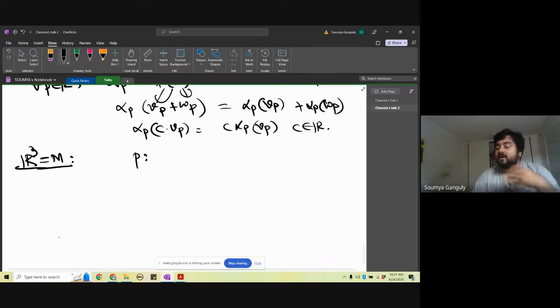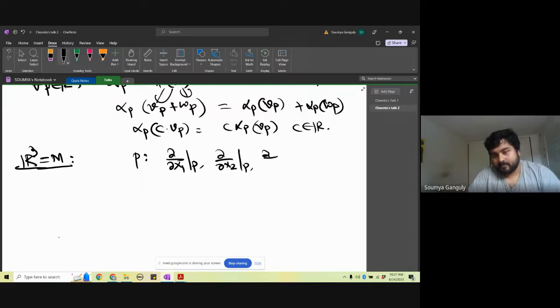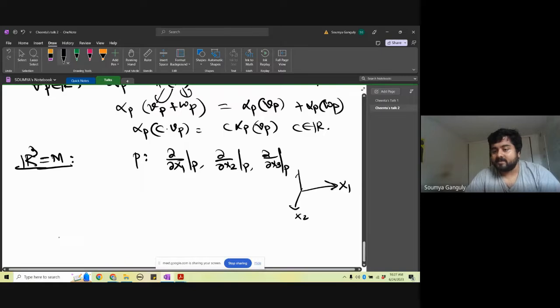In terms of the derivative notation that we set up for the vector fields, we can think there are three vectors for every point P on this manifold R3. We have these three vectors which are linearly independent. Basically, just think of them as three directions: X1, X2, X3.